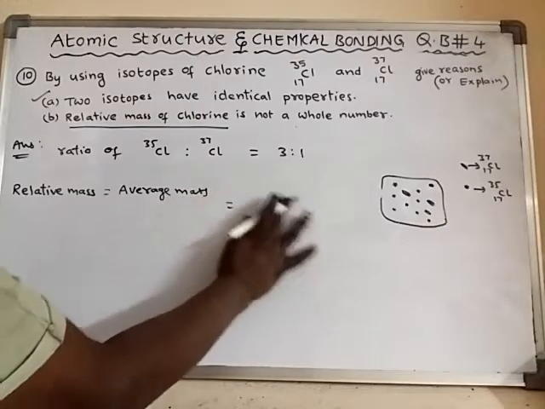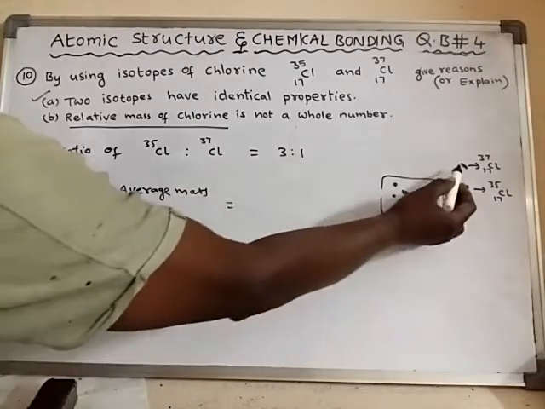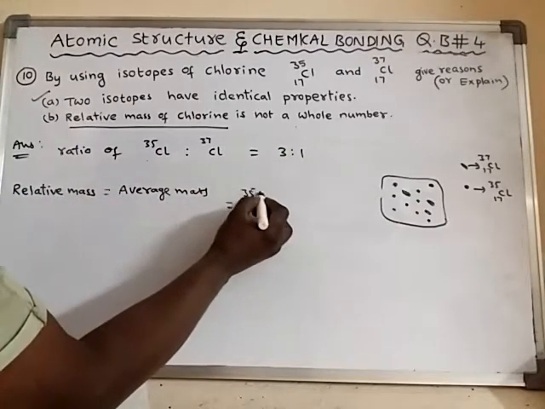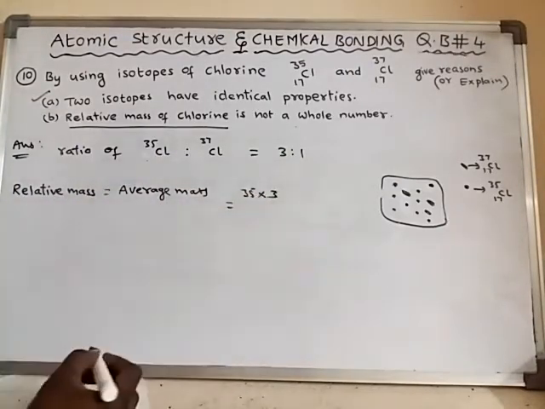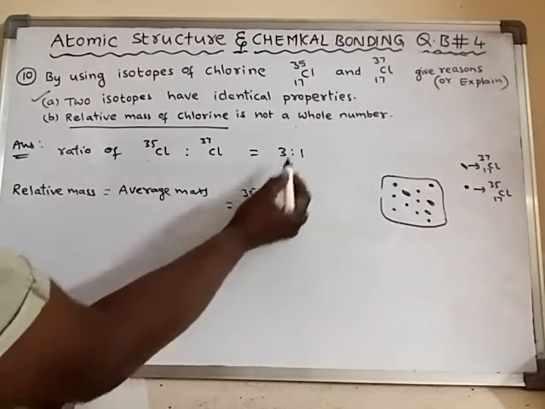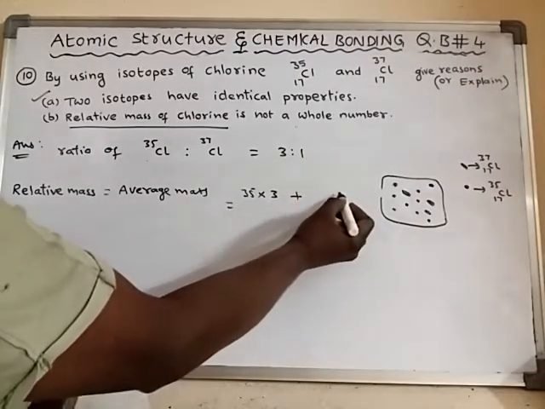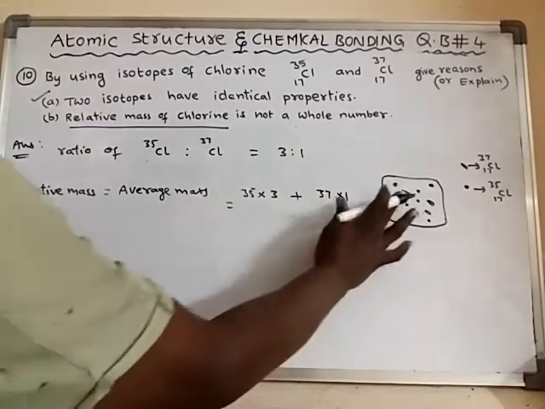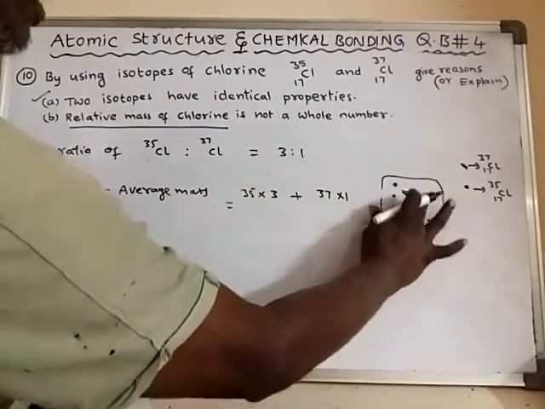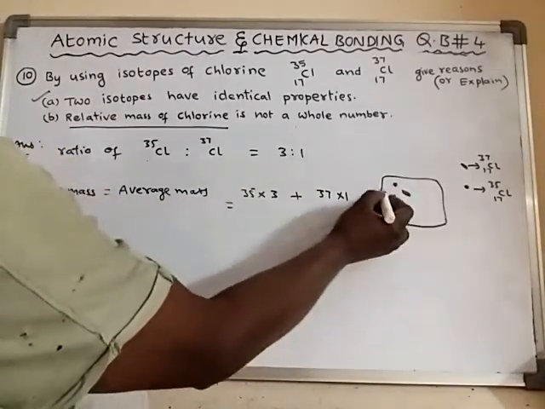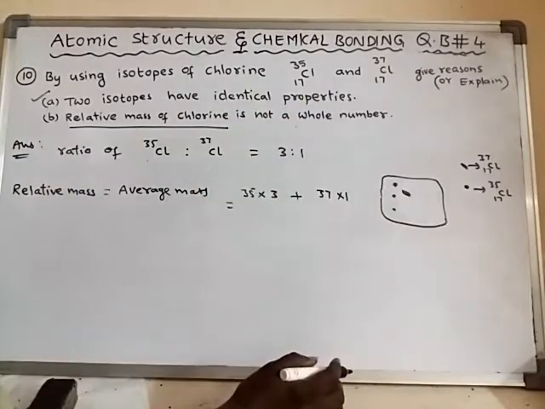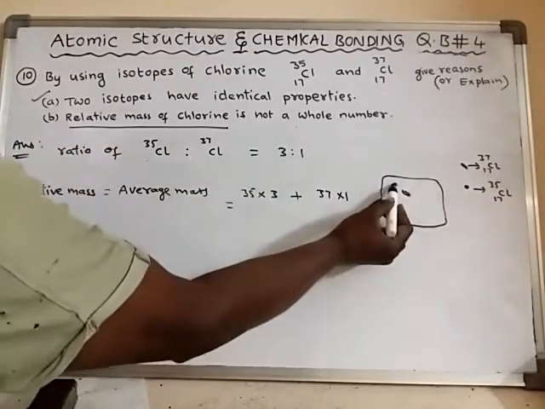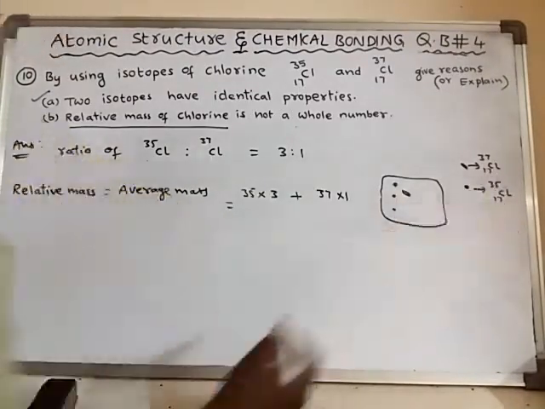Average mass is equal to, for this chlorine atom, chlorine 35 with mass 35, how many atoms are there? 3. For every 3 atoms of mass 35, 1 atom of mass 37 is present. Suppose there are only 4 atoms of chlorine, then compulsorily only 1 atom of chlorine 37 and 3 chlorine atoms of 35 are available.